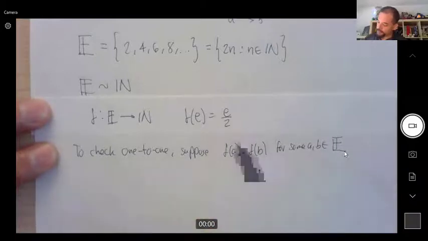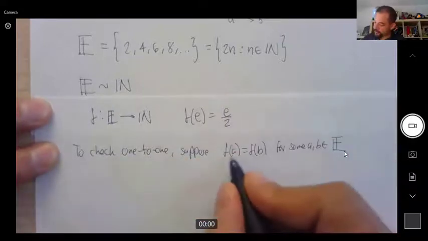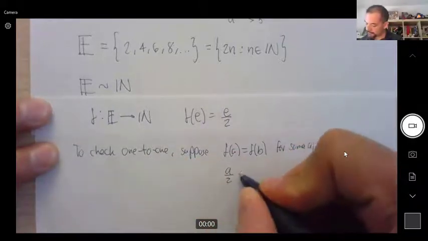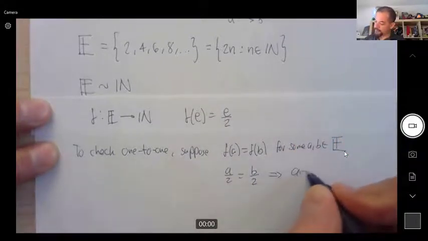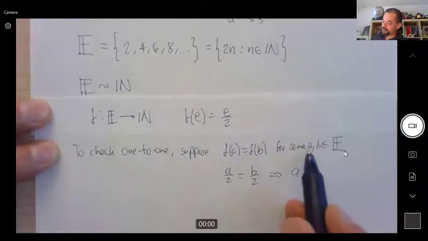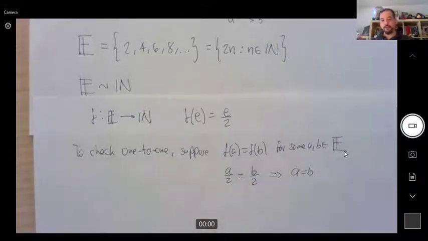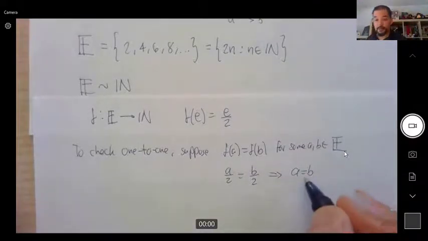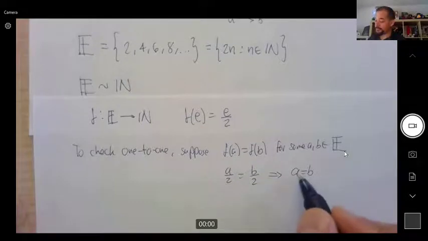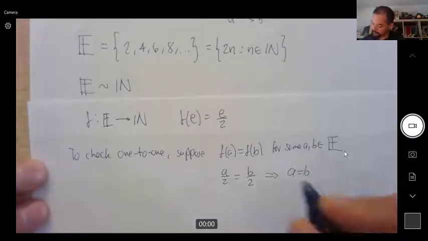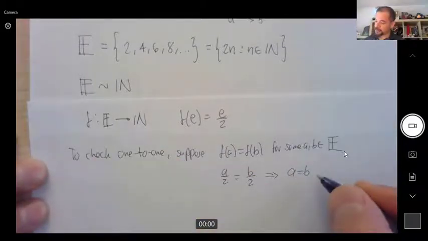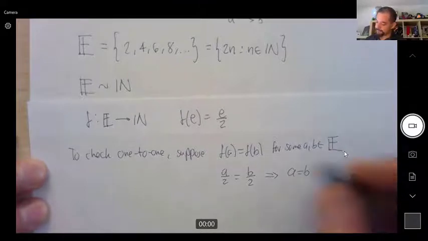So f of a is actually a over 2, and this is b over 2. If you multiply by 2, what you get is that a equals b. So that means these guys were not different, right? I thought I was thinking of two numbers that go to the same place, but it's not two numbers. They're the same. So there is no contradiction, right? It means that it never happens that two different ones go to the same place. And this is the end of one-to-one.